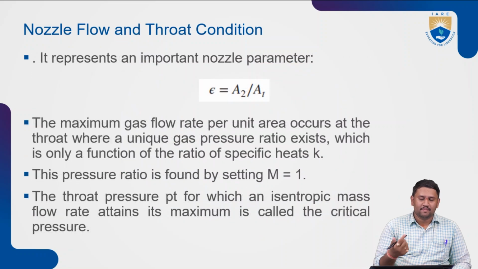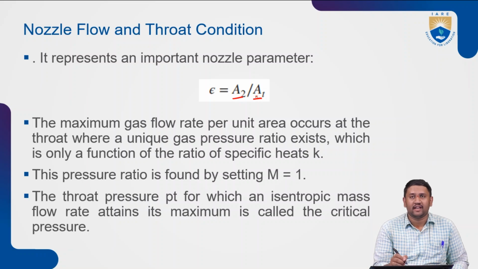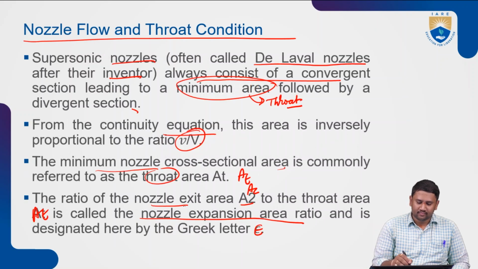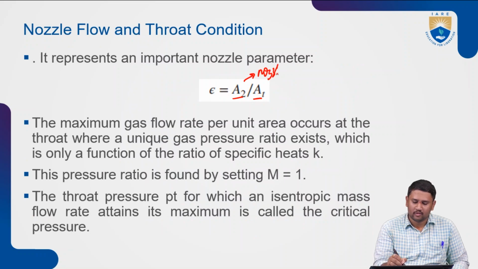Now, the simple representation for a nozzle parameter, particularly the expansion ratio, is given by A2 by AT, where A2 is the nozzle exit area and AT is my throat area.